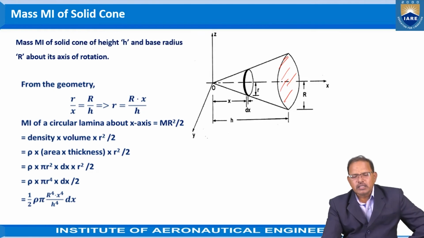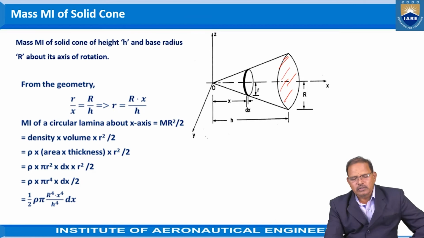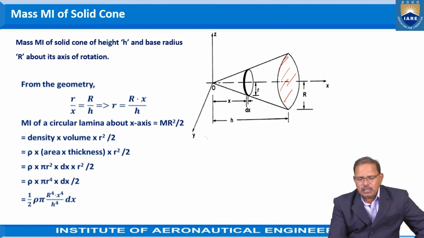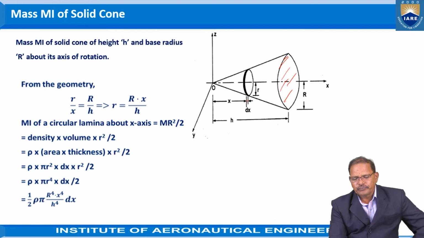Here it is represented as Z. The mass moment of inertia of a solid cone of height h and base radius R about the axis of rotation. Now let us consider a small strip of circular plate at a distance of x having thickness dx, as shown in the figure.